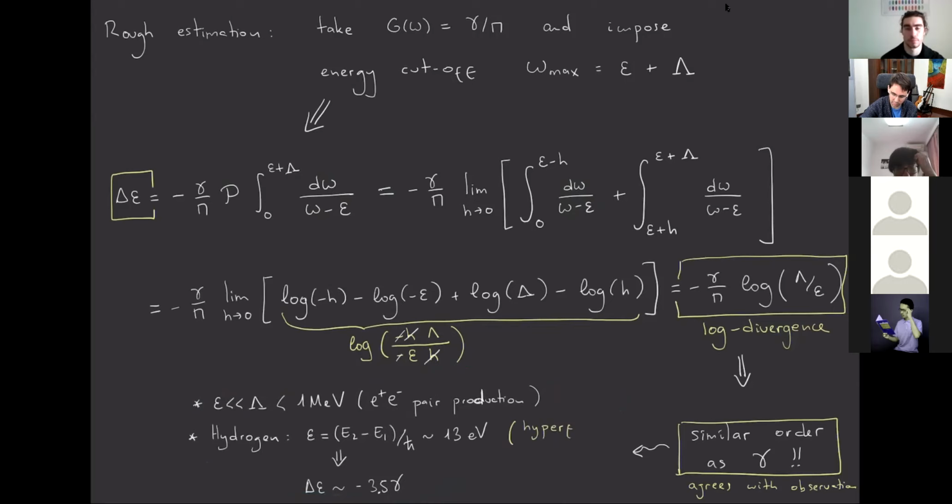Even if you consider hyperfine transitions, which means that the transition is like 10 to the minus 5 electron volts, so it's 10 to the minus 6 times the one of the ground state of the hydrogen atom, then even in that situation, you only climb up to a lamb shift of minus 8 gamma. So as you see, you change 6 orders of magnitude, and it's still quite contained.